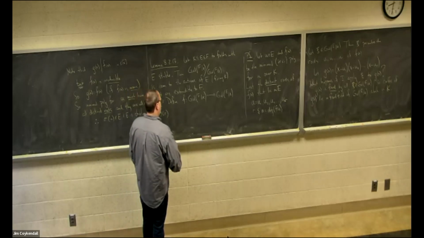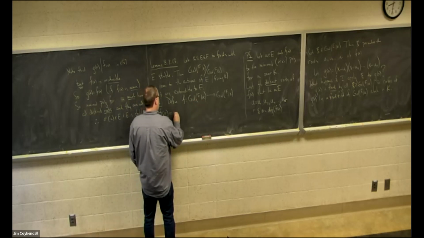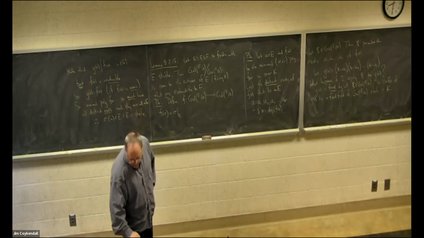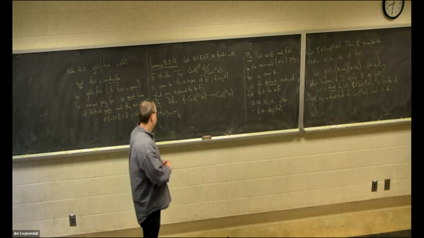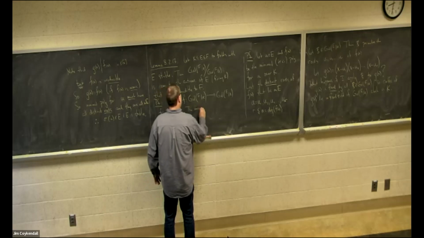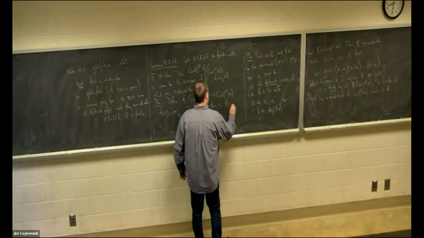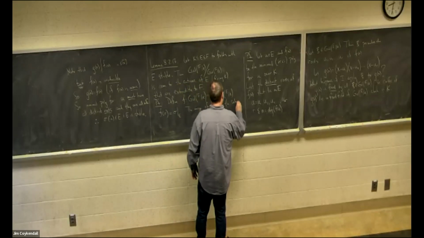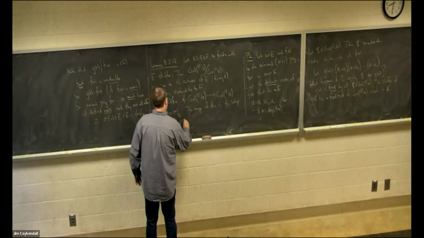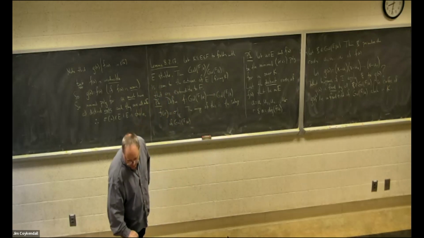My input is an automorphism of F that fixes K. My output is going to be an automorphism that fixes K. So I'll just restrict this down to E. The image of this is the subgroup of automorphisms that are extendable to F.